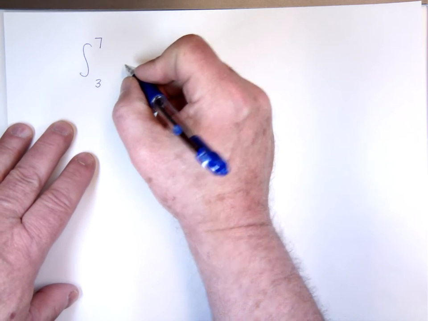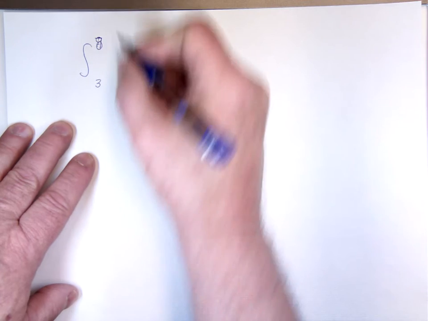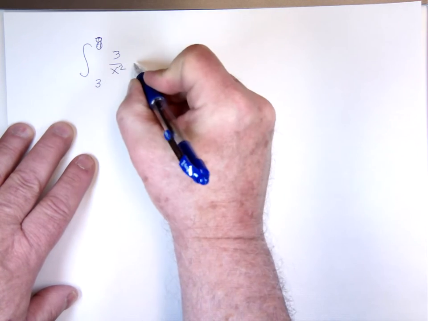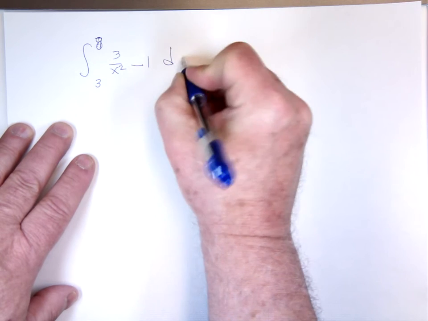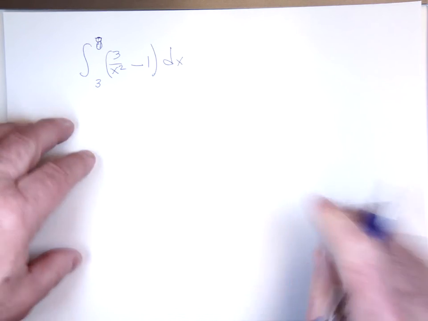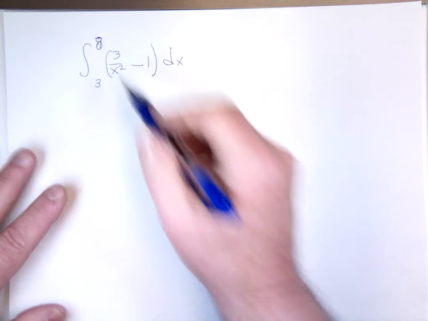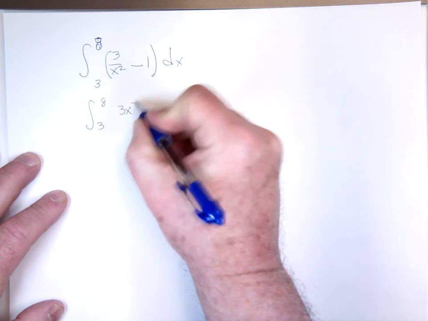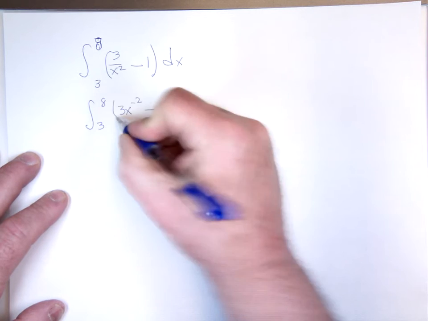And what's the integrand? 3 over x squared minus 1. With a problem like this, what you always want to do is get this in the right form: the integral from 3 to 8 of 3x to the negative second minus 1. You want to rewrite these like that.